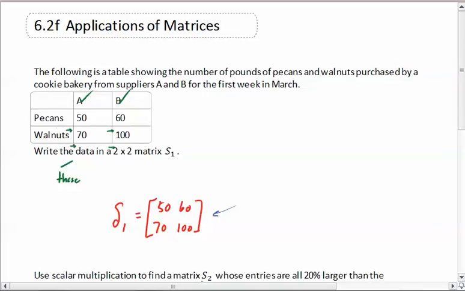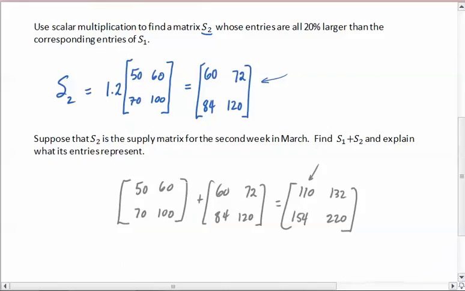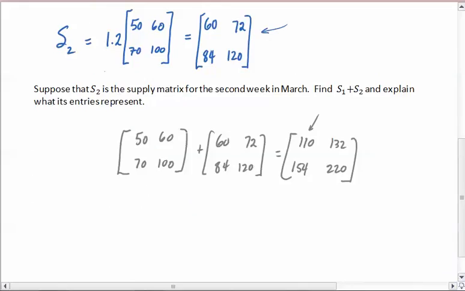So this would be the number of pounds of pecans that were purchased from supplier A for the first 2 weeks in March, the total number of pounds of pecans. And of course this would be the total number of pounds of pecans purchased from vendor B for the first 2 weeks in March. So it's really not difficult.